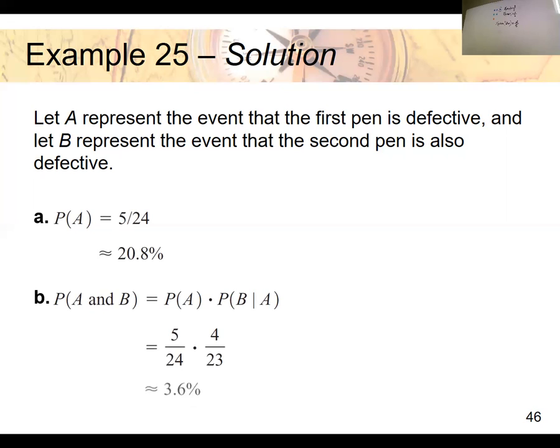Okay. And as a decimal, what they did was 5 times 4, which is 20, and then the denominator 24 times 23, which is 552.